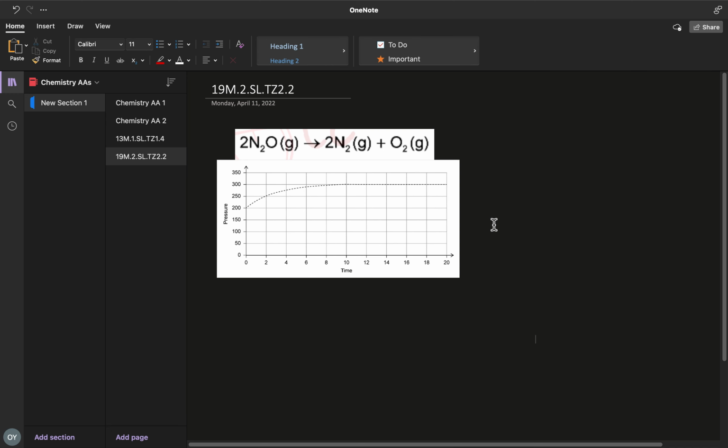The second part of the question says, outline, in terms of collision theory, how a decrease in pressure would affect the rate of reaction. As you know, collision theory is that for a reaction to occur, particles must collide with sufficient energy and the correct orientation. If we were to decrease the pressure, that would mean that there would be more space between the particles.